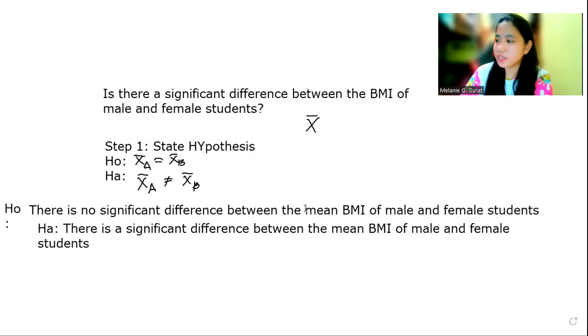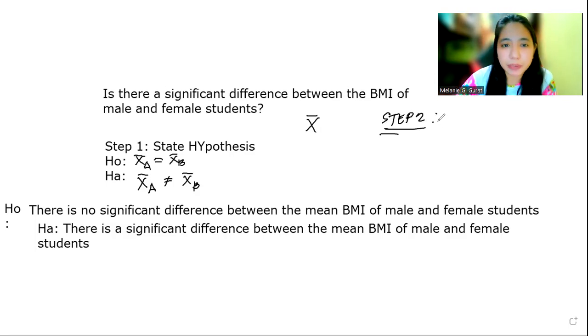So for us to answer this question, we have to make sure that we satisfy the conditions of a particular test. What is the possible test that we can use for this particular problem? So step two, let's identify what possible tests we are going to use.